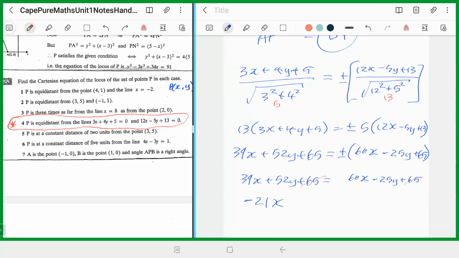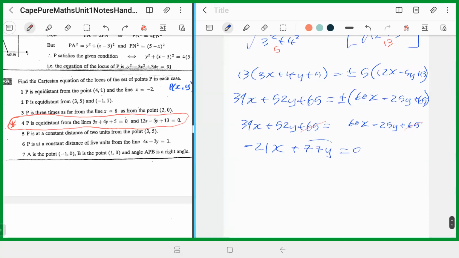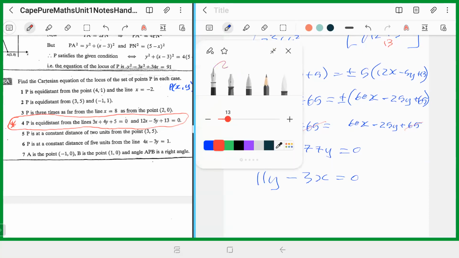The y value is 25 plus 52, which gives me 77y, equals 0. And this now can be divided through by what? 7. Divide this by 7, we get 11y. Divide this by 7, we get minus 3x, equals 0. That's one of the lines. All right, that's one line. This is one answer.